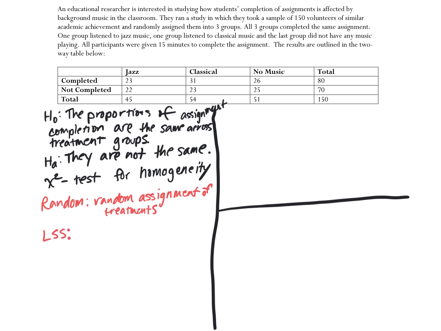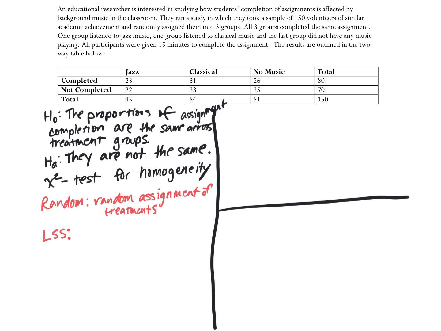Now, before we do the large sample size condition and what I need to see from you, I do want to show you some lovely things. I will not expect you to calculate each one of these expected values by hand every time in a two-way table, because I might give you a two-way table that has 8 values in it.